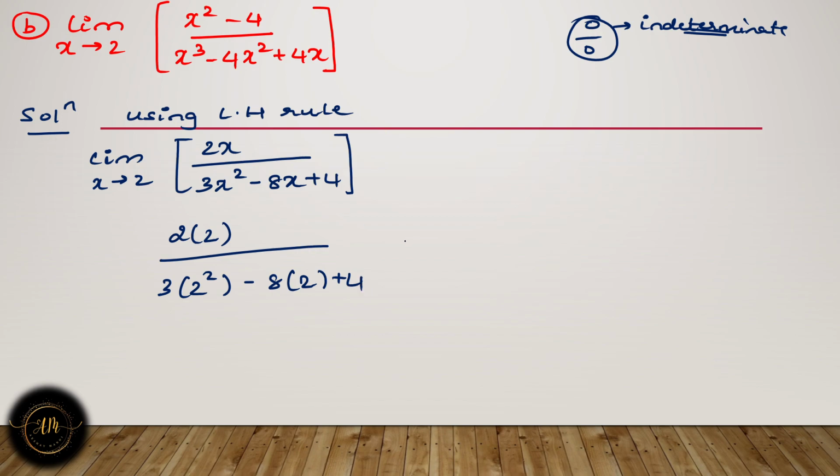So this will be equal to 4 divided by 12 minus 16 plus 4. That is 4 by 0. What is any number divided by 0? Infinity. So obviously the limit does not exist as a finite value.